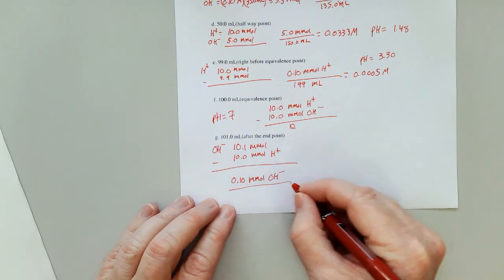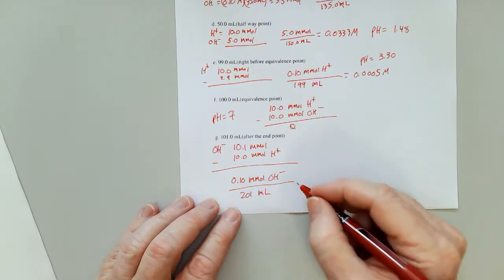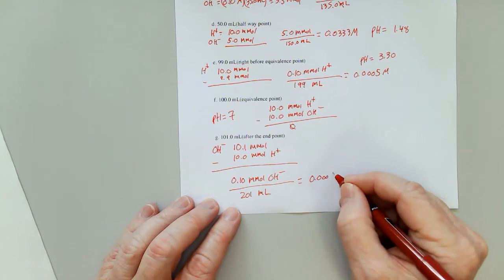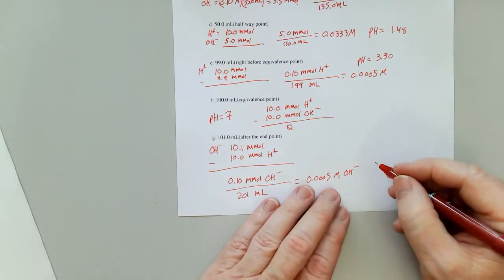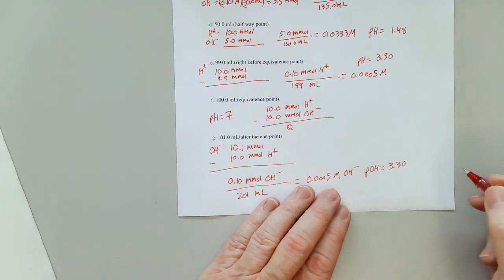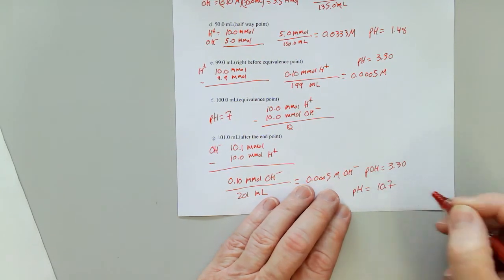I'm going to divide that by 201 milliliters. That's an excess reactant now. This equals, hey, 0.0005 molar hydroxide. So the pOH is equal to 3.30 this time, or the pH is 10.7.